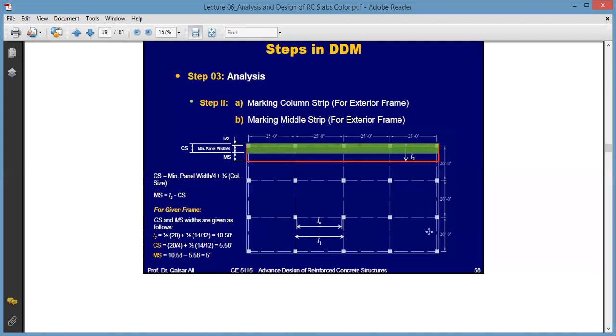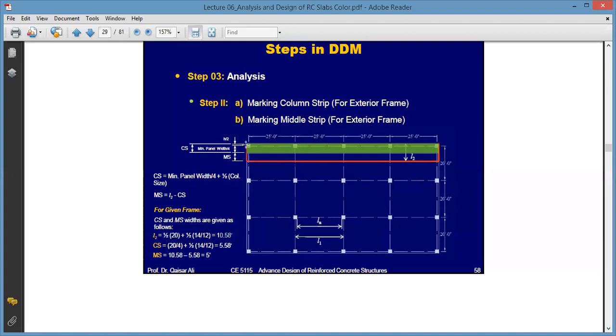Clear? Now for this case, suppose this is 20. How much will be the column strip and middle strip in the exterior frame? L2 is how much, the total for the exterior panel? Half of the 20, meaning half of the strip, plus half of the column thickness, which is 14 inch. Just add half of the column thickness to half of the 20 and it will be equal to 10.58.